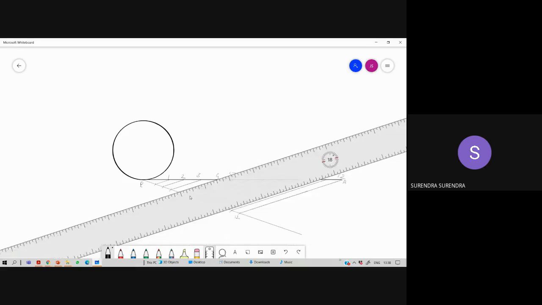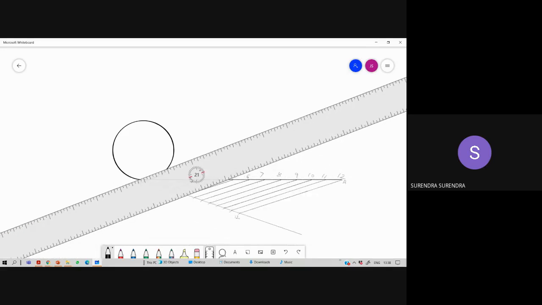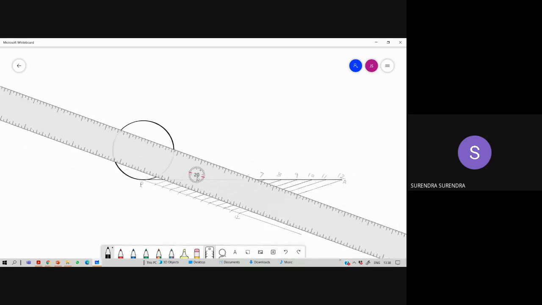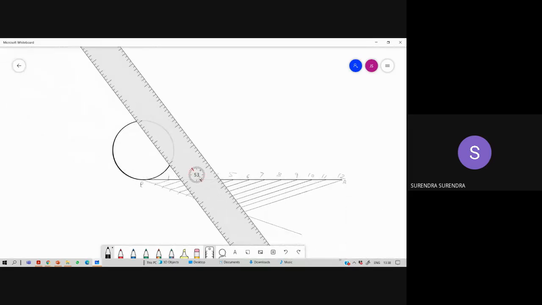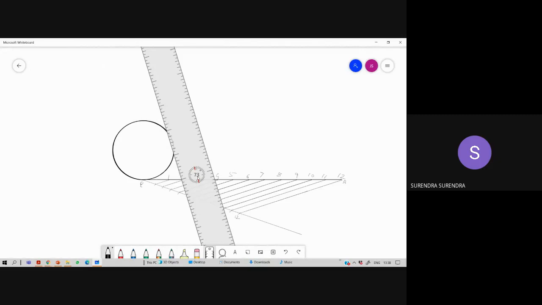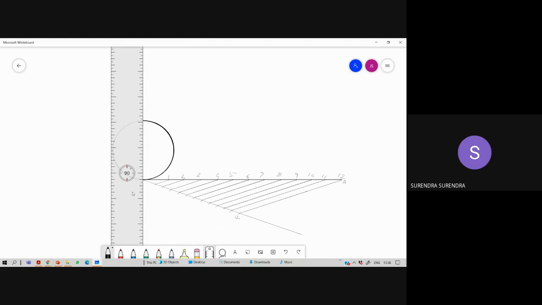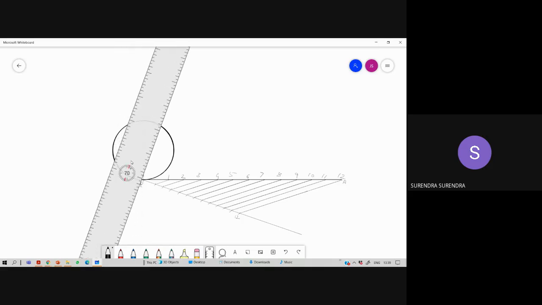Now, divide the circle also into 12 divisions. So how to divide a circle into 12 divisions? We discussed it in geometrical construction by using the compass method. Use the same method, but here the best method for me is by using the angle. As I am using the set square, the best method for me is drawing lines at every 30 degrees.